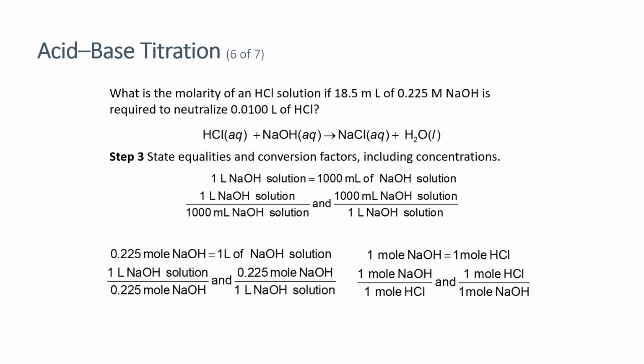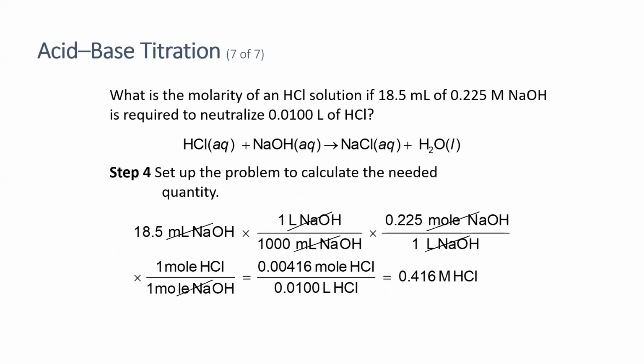So the 0.225 molar sodium hydroxide is 0.225 moles of sodium hydroxide in 1 liter of the solution. So we can use that as a conversion factor to convert between moles of sodium hydroxide and liters of sodium hydroxide solution. And then we also need to note that 1 mole of sodium hydroxide is equal to 1 mole of hydrochloric acid, right? That is given to us from the balanced chemical equation.